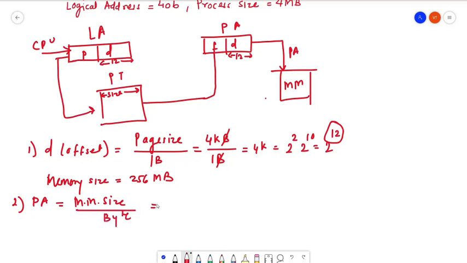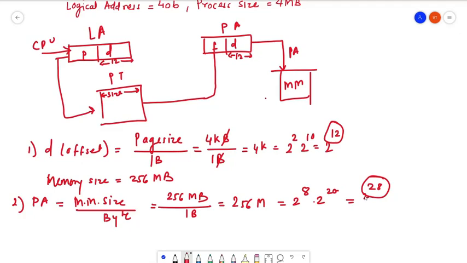So main memory size is 256 MB upon 1 byte addressable, so we'll get 256 million entries here. So this will be 2 raised to 8 into 2 raised to 20, so we will get 2 raised to 28. This is your physical address, so we can write here physical address as 28. So can you find out the frames? 28 minus 12 will be 16. So that is the frame bits.